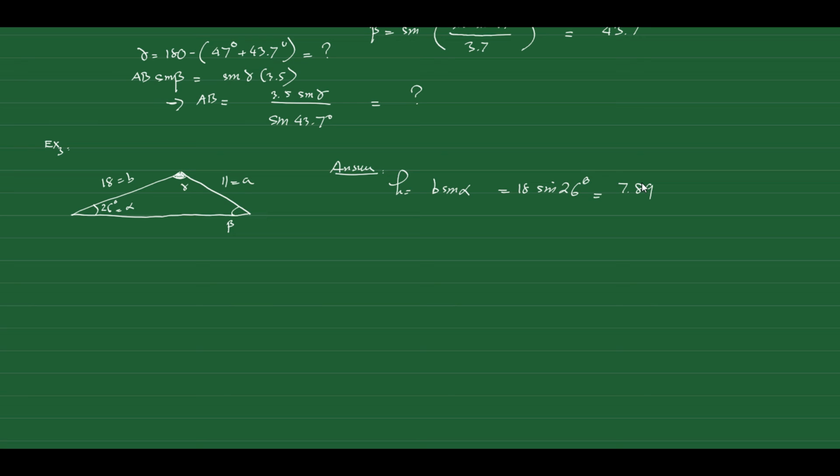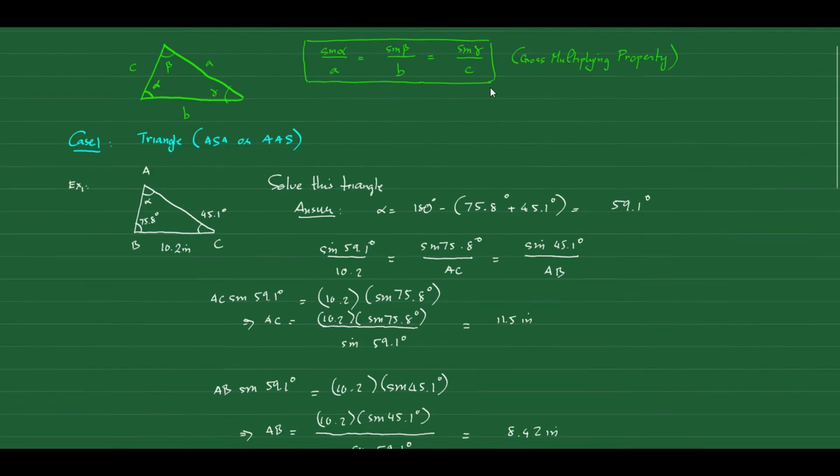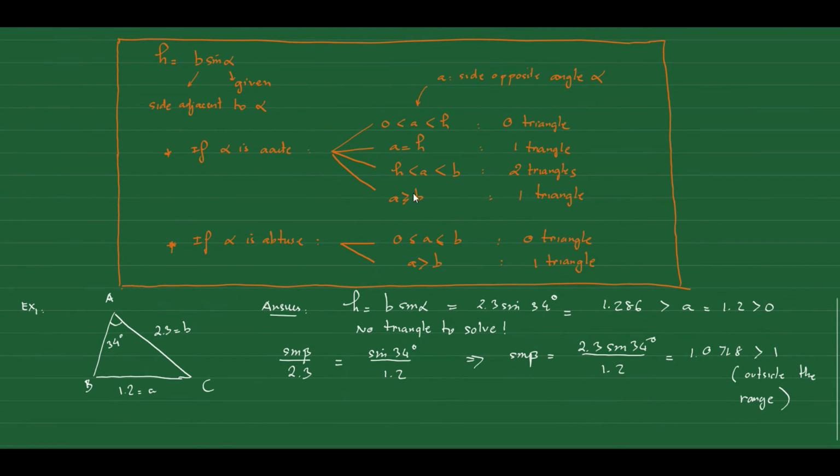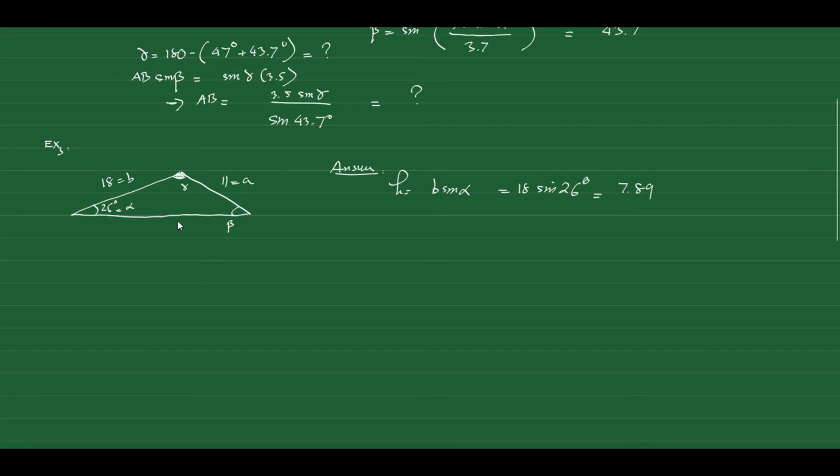You see that will be less than a and less than b. A is 11, b is 18, so 7.89 is less than 11, less than 18. Here we can conclude that we have two triangles to solve.